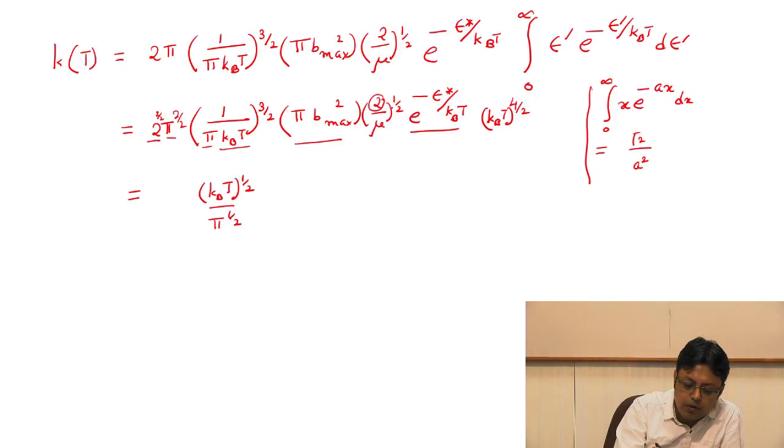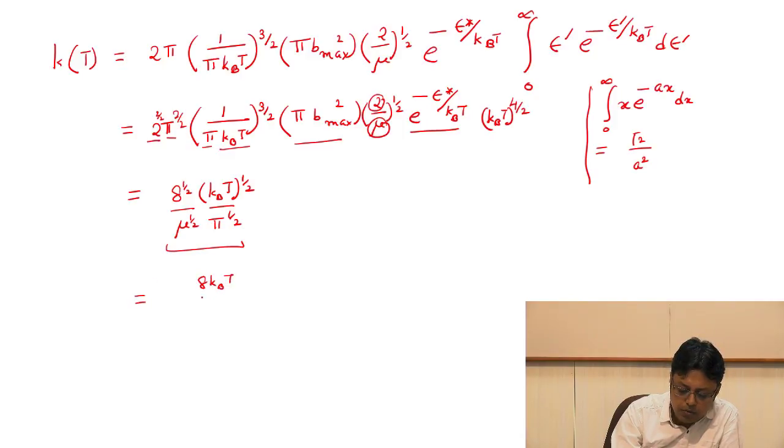So I'll have 2 to the power 3 by 2, which is 8 to the power half, because 2 cube is 8. And then I also have a mu here. So I have basically mu to the power half. So this thing is nothing but 8 kBT by pi mu, which is nothing but v relative average.